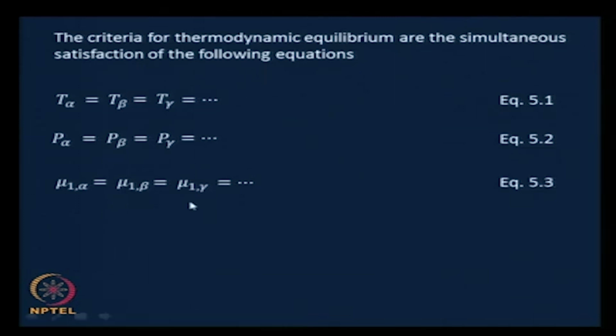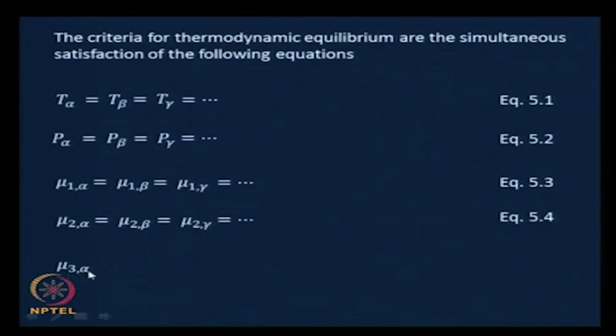The other things are quite easy to see. The chemical potential of the second component must be the same in all the phases. Mu 2 alpha must equal mu 2 beta, must equal mu 2 gamma and so on. We will call this equation 5.4. Same thing continued. Let me write one more and put dot dot dot later.